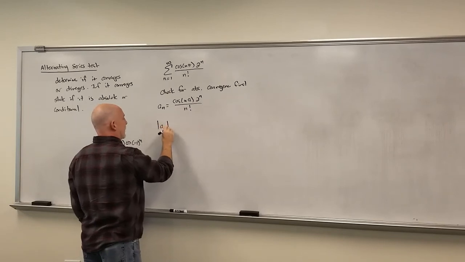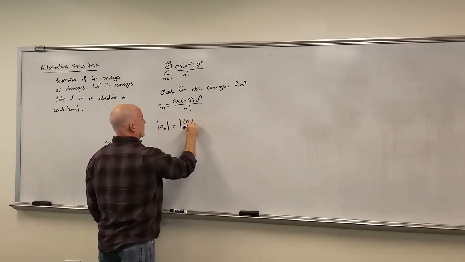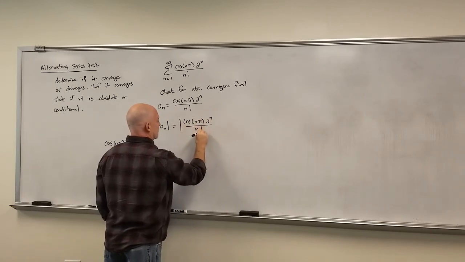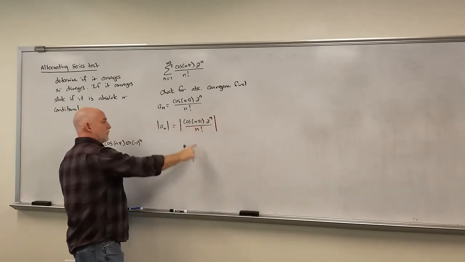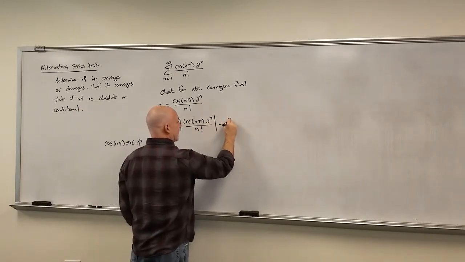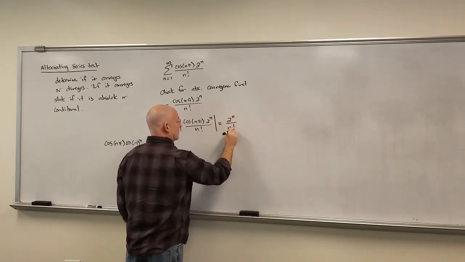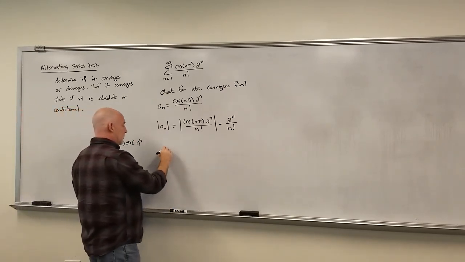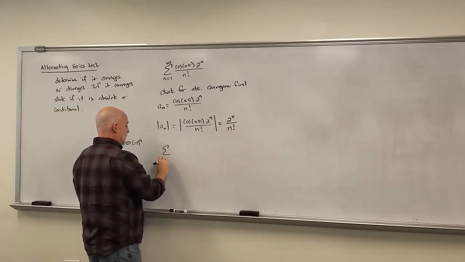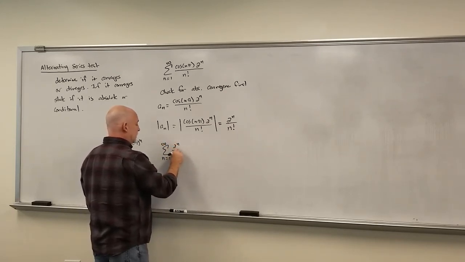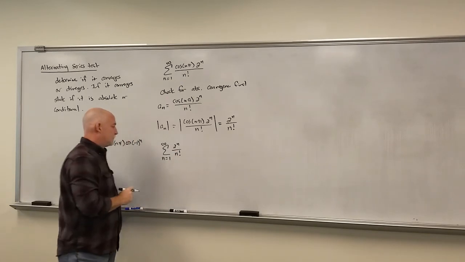So the absolute value of that, since cosine is either positive or negative 1, when we do the absolute value of that, it just makes it positive. So there's what we actually want to take a look at. So what's the sum n equals 1 to infinity of 2 to the n over n factorial.